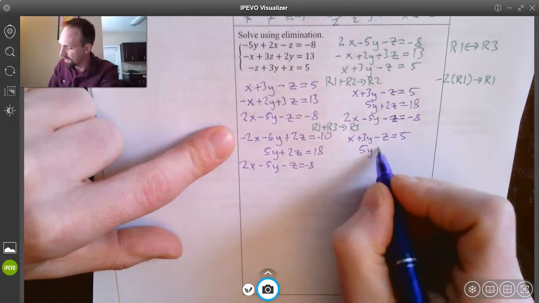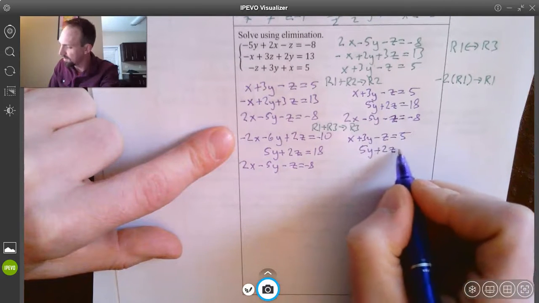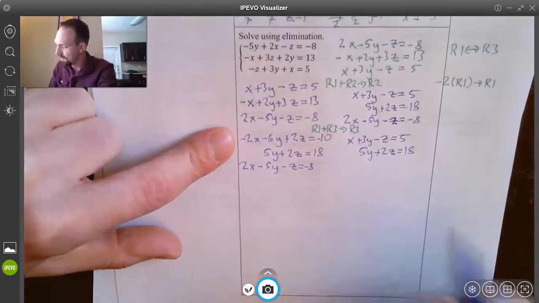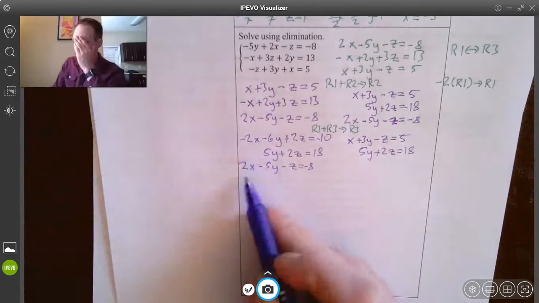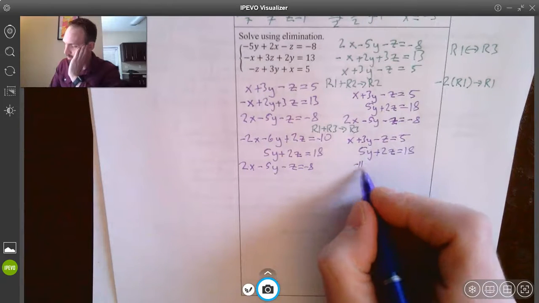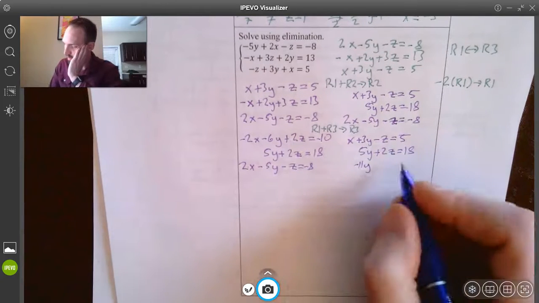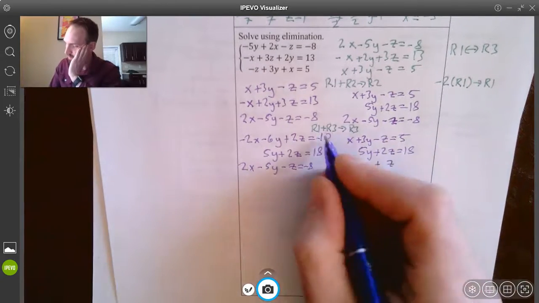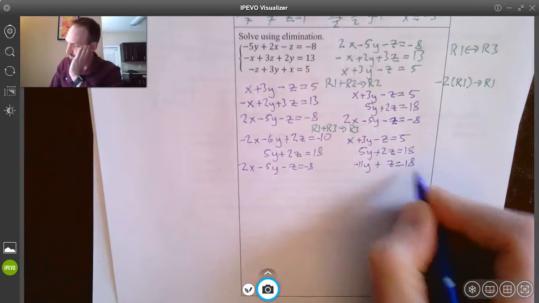That just gives me smaller values to work with, and it's a lot easier to do that. Now when I combine these two together, what I end up with, so I have 0x, so minus 11y plus z equals negative 18.